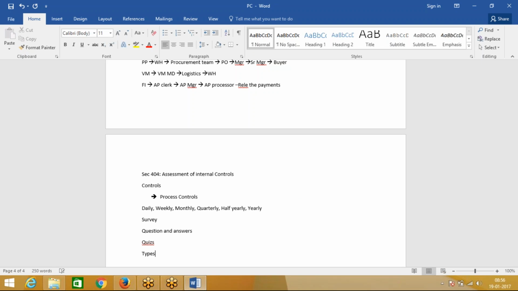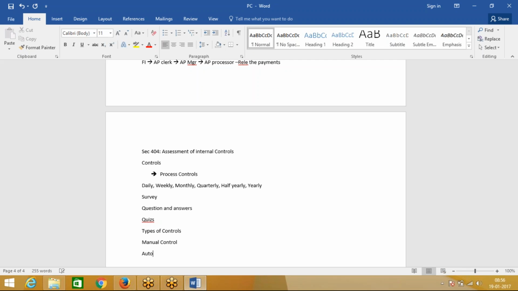That means there are manual controls, automated controls, and semi-automated controls.